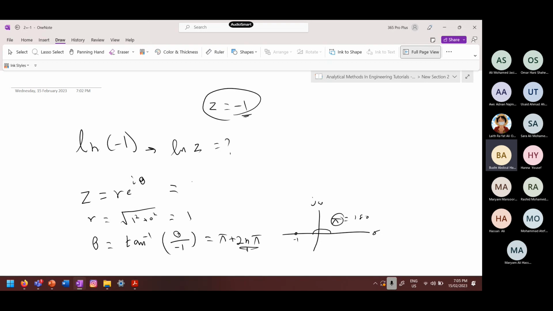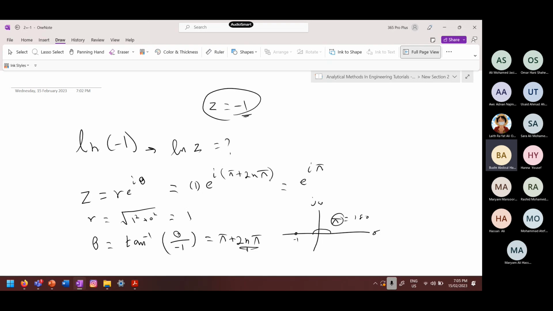r is equal to 1, e to the power i, theta is equal to pi plus 2n pi. Simplify it. You can simplify it using either the cosine and sine terms or just keep it as it is. You can keep it as it is, it's much easier for you. Okay, it will come e to the power i pi, 2n pi.